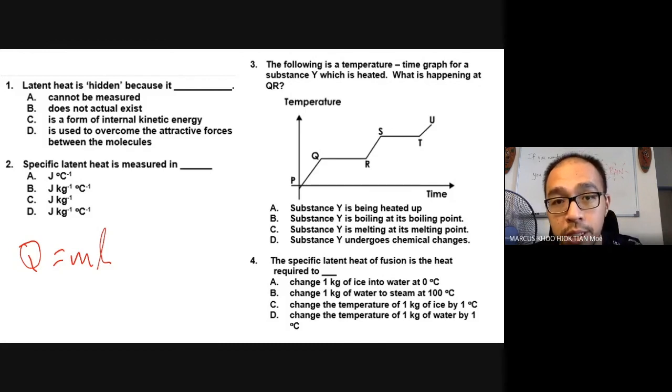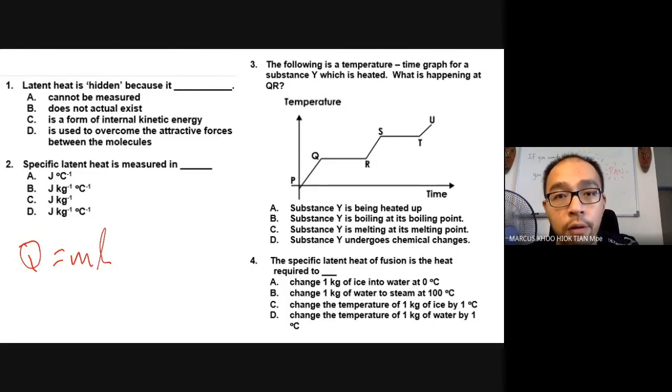But when the temperature is increasing, we know that the heat is being used to increase the kinetic energy of the molecules. And when you increase the kinetic energy of the molecules, you're increasing the temperature. So we call that heat the specific heat capacity.